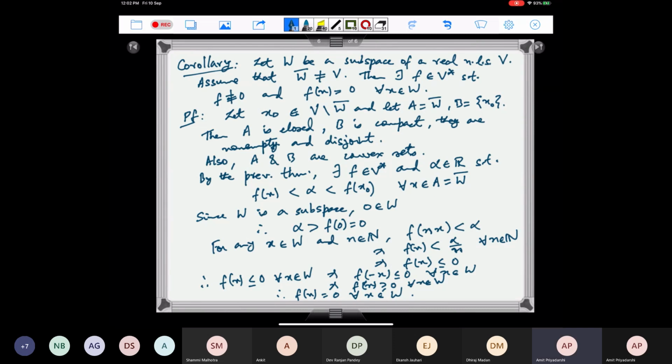This is just because it is a subspace, you can always replace by negative or any multiple. So we get f such that f(x) equals 0 on W, and because f(x naught) is bigger than this alpha, which is positive, f(x naught) is strictly bigger than 0. So therefore f is non-zero. So this f satisfies this condition.